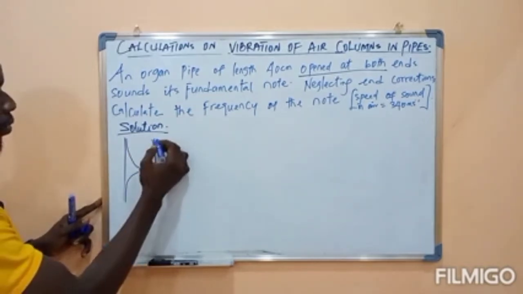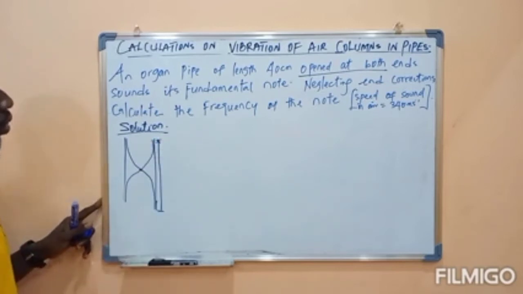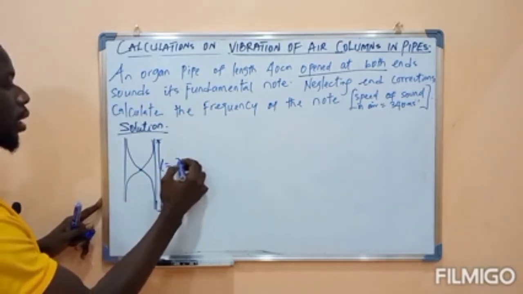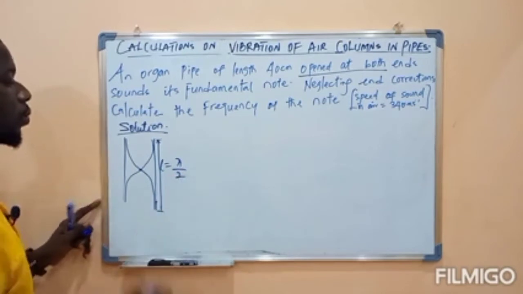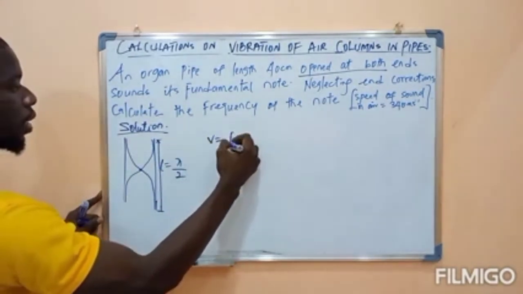So the length of the open pipe, or the length of the air column, L, is given to be lambda all over 2. As well, remember that V is equal to F lambda.